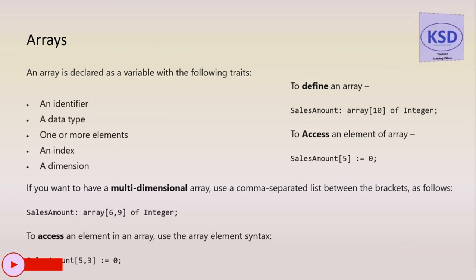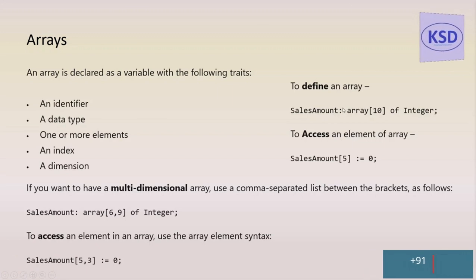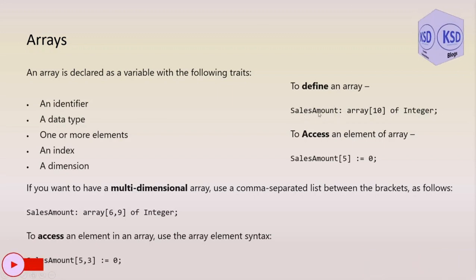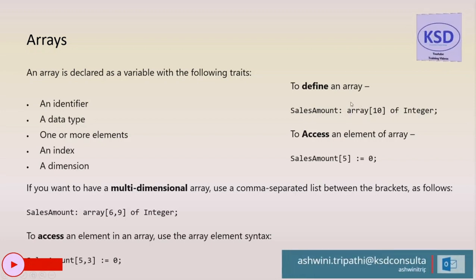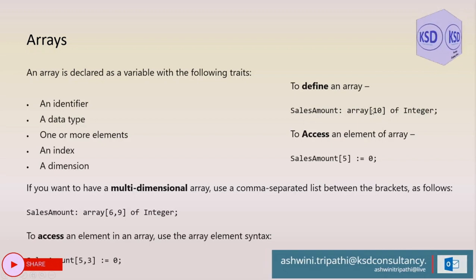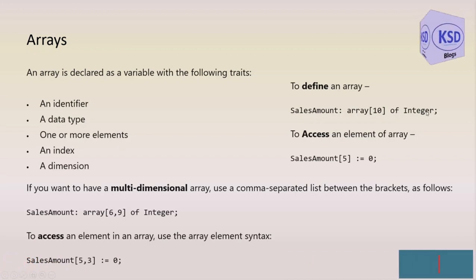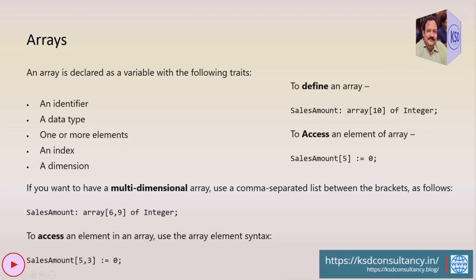So to define an array, like here, SalesAmount. This is my identifier or my variable. We are defining the array of 10, meaning 10 elements. 10 elements will be in this array of integer type, meaning it can store 10 integer values.